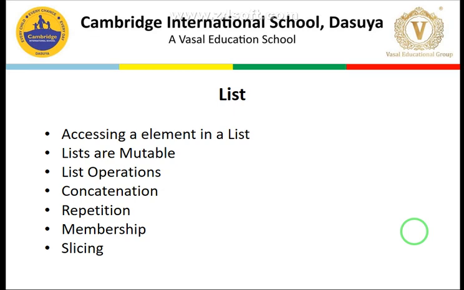This gives the answer in the form of true or false. And last is slicing. Slicing is very important because it is used not only in lists but in other data structures also. Slicing means that we can slice a bigger list into a smaller part. That is also called a subset of a list.